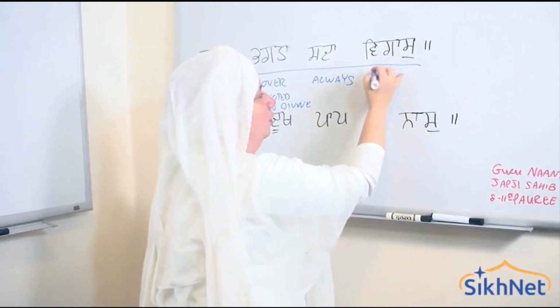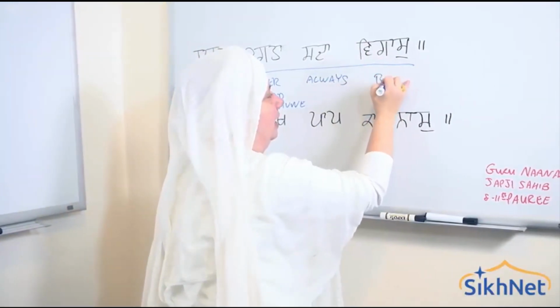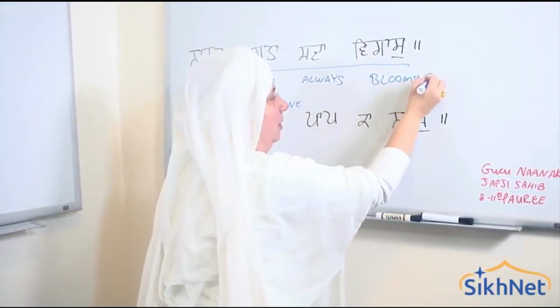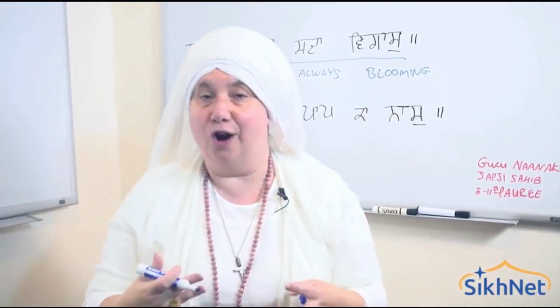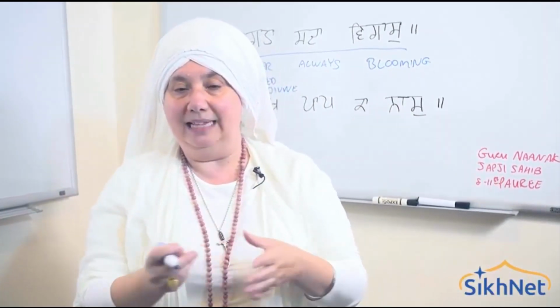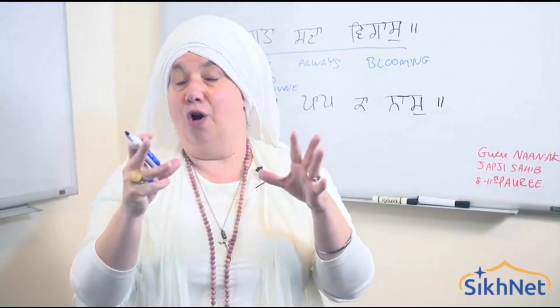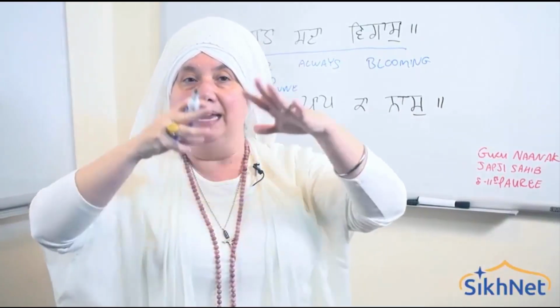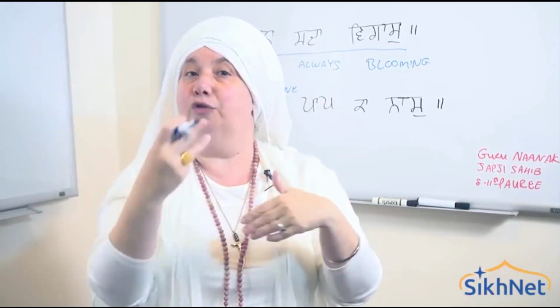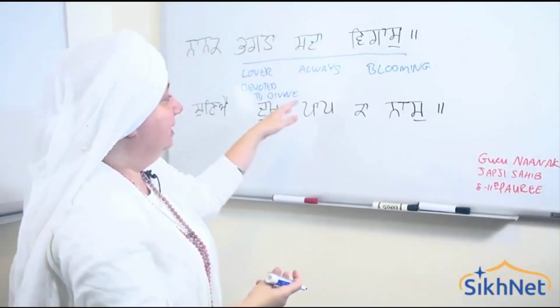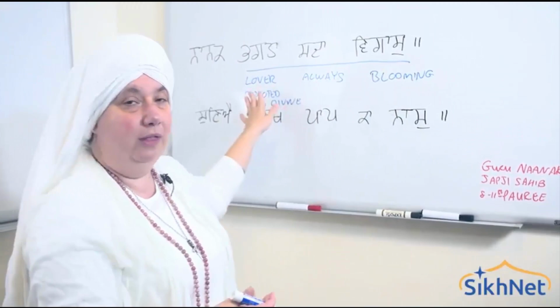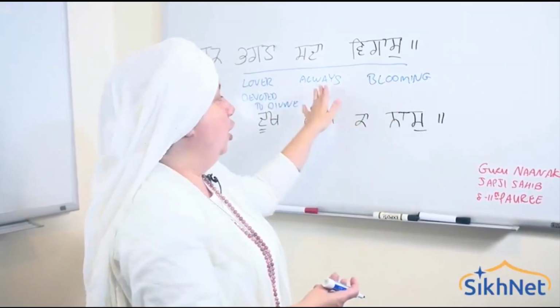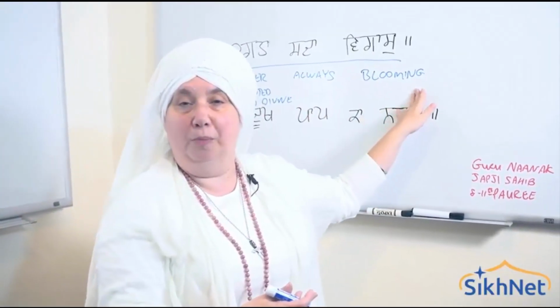And Vigas is a gorgeous nature analogy that means blooming. So if you've ever done any gardening or any farming, you'll notice that plants will bloom and then grow, then go dormant, but then they bloom again. And the blooming is the beginning of the next growth cycle and growth process. So in this analogy, Guru Nanak is saying, if you love the divine, there's no end to how you're going to bloom and grow.